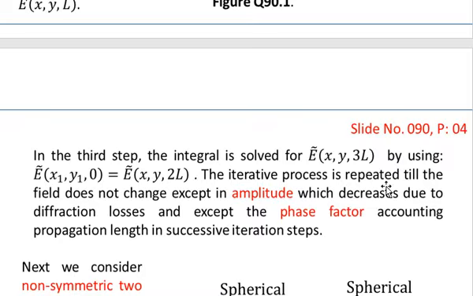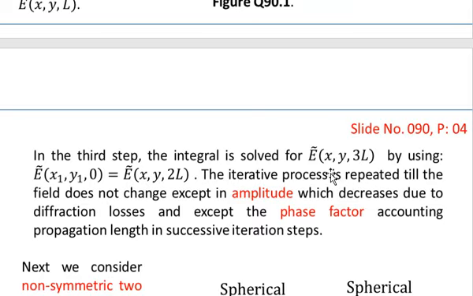The iterative process is repeated till the field does not change except in amplitude, which decreases due to diffraction losses, and except the phase factor, which accounts for the propagation length in successive iterative steps. So the amplitude and the phase factor could change for the values of E prime of x comma y comma 1L, E prime of x comma y comma 2L, E prime of x comma y comma 3L.